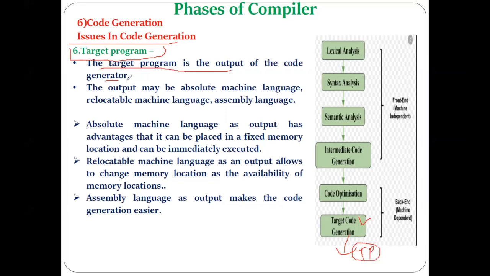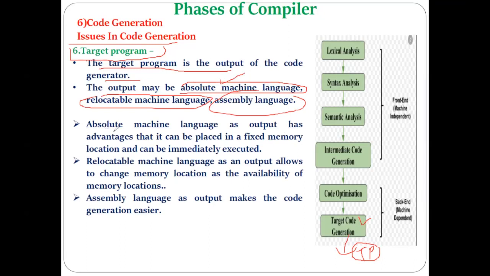Now the output can be generated in different forms. The output may be an absolute machine language code, a relocatable machine language code, or assembly language code.